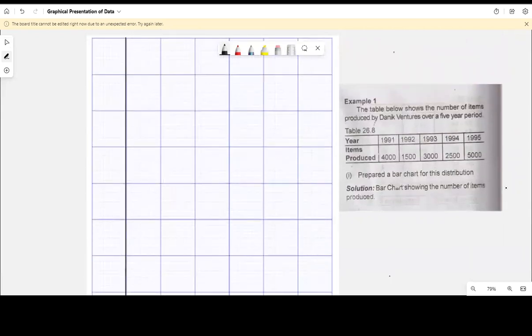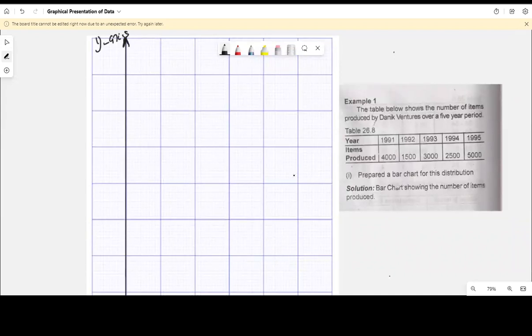So we will choose a scale based on the data we want to represent. Looking at this data, I have a year which runs from 1991 to 1995, and I have items produced which run from 4,000 to 2,000. So I will represent the items produced on the vertical axis, that is the y-axis. And based on this data, we choose a scale.